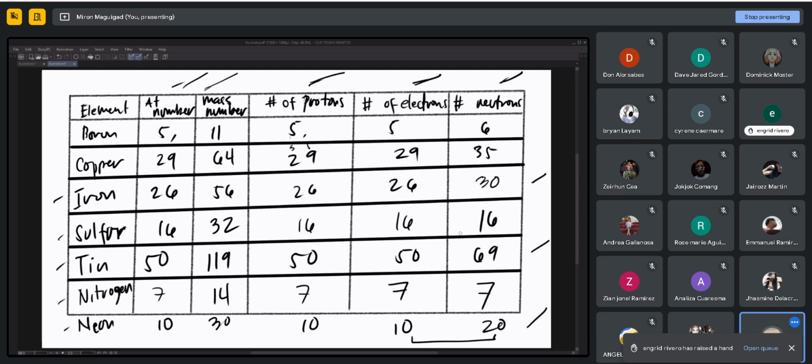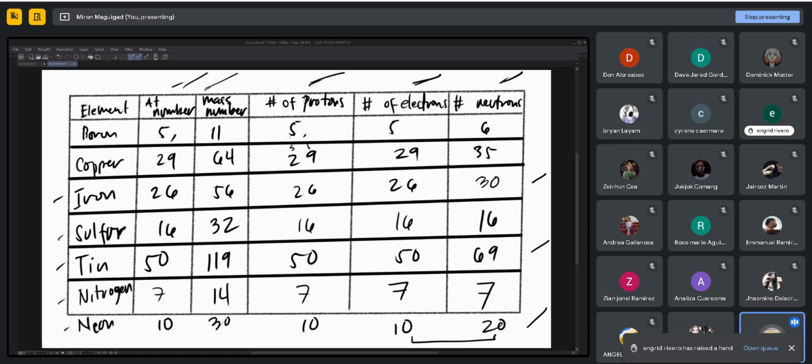Hindi ko rin nabilang. Sige, wait, check ko lang. Saglit. Si iron, 1, 2, 3, 9, 10, 3 points, and so 9 points. 9 points ang puntos natin, ha.